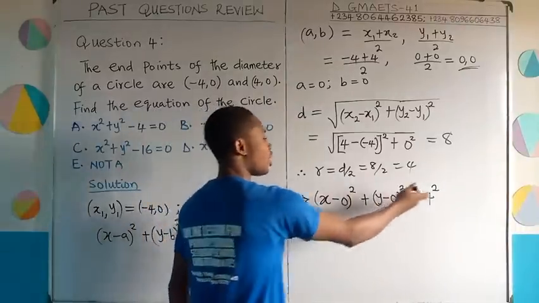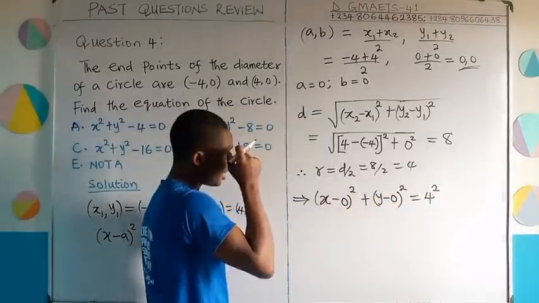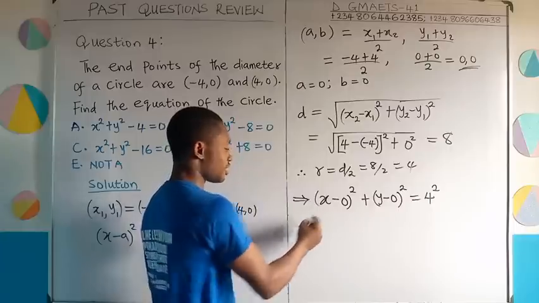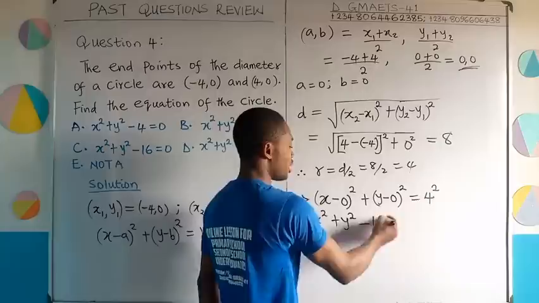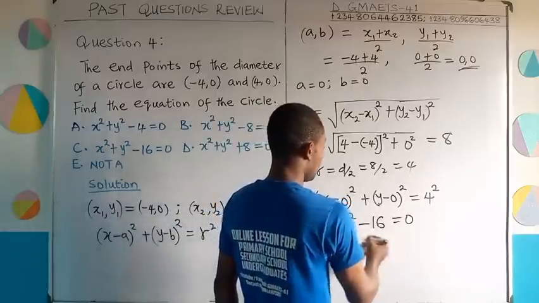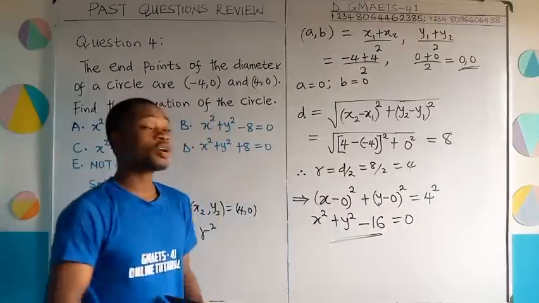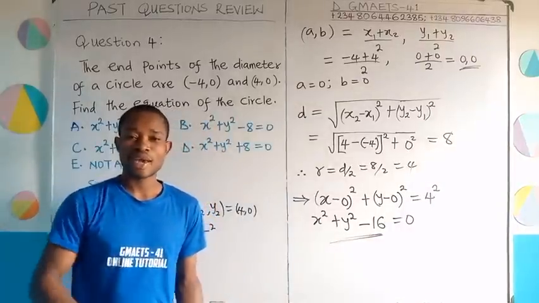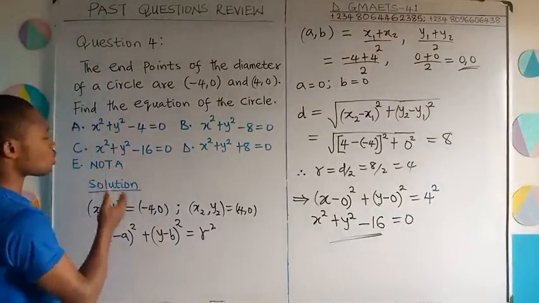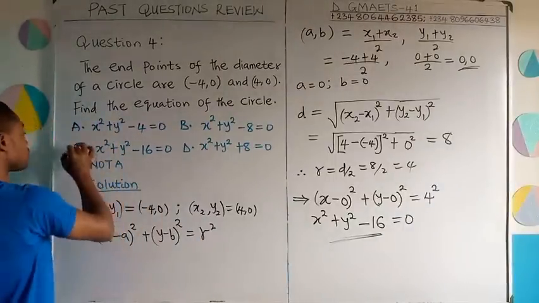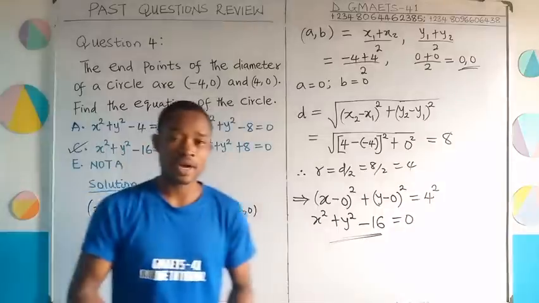Simplifying this and collecting this 4 squared to come to the left hand side, we are going to get x squared plus y squared minus 16 equal to 0. And of course, we've gotten our answer. Okay? So let us go to the options provided and see which one is x squared plus y squared minus 16 equal to 0. Option C. And that's the correct answer.